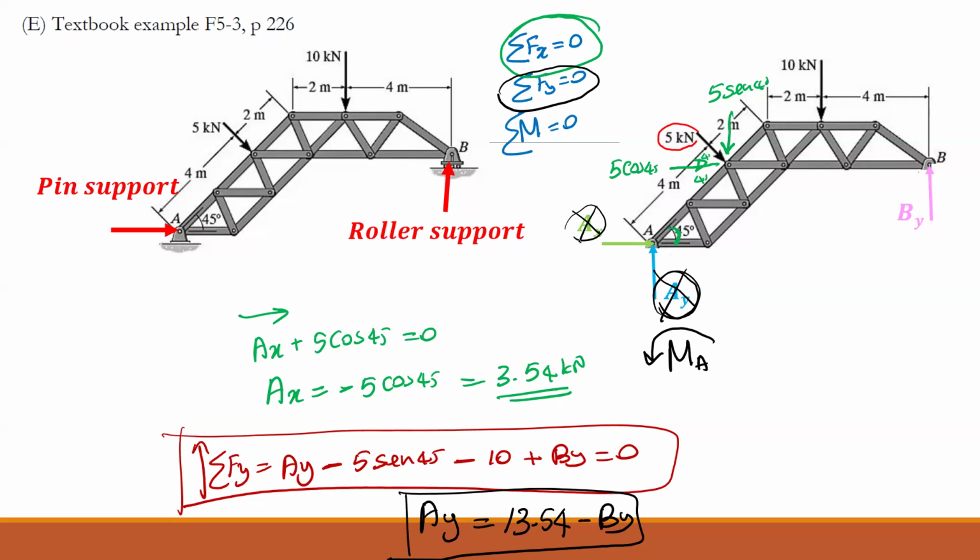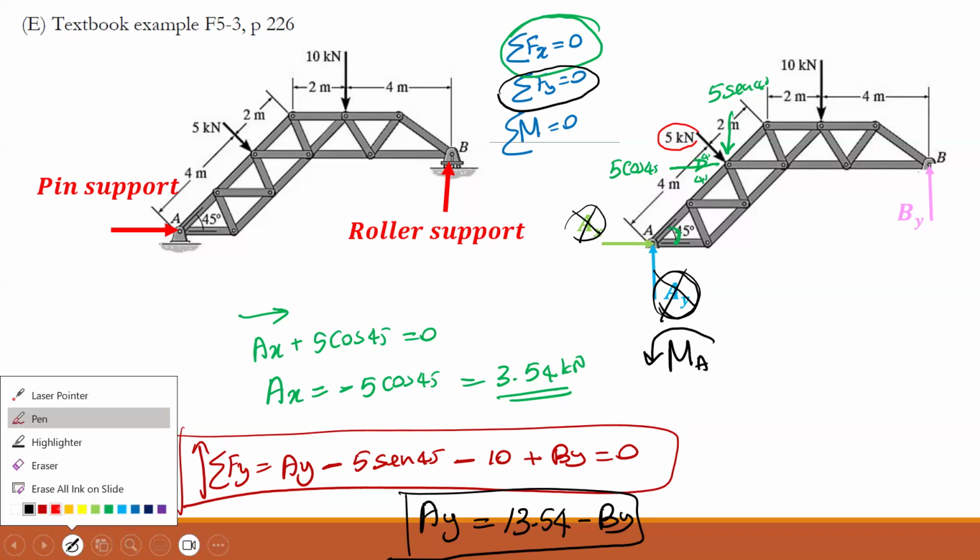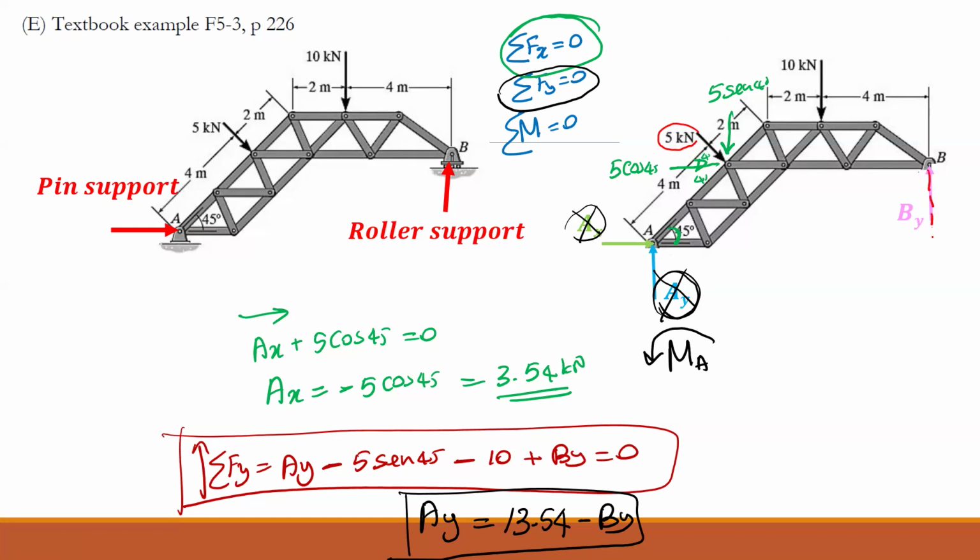How about the others? Take the moment one by one. Last week we discussed one by one how to find the moment. So let's take the first one, By. If you extend the line of action of the force By, and draw a perpendicular line from A, making 90 degrees, the moment is force By times the perpendicular distance.